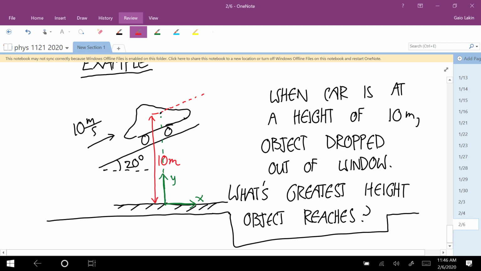It's going to have the velocity that the car has, and it's going to start out with that slope. This is an exaggerated picture of the motion. And then it's going to follow a parabolic path from there. What we want to figure out is the height when it gets to the highest point above the ground.